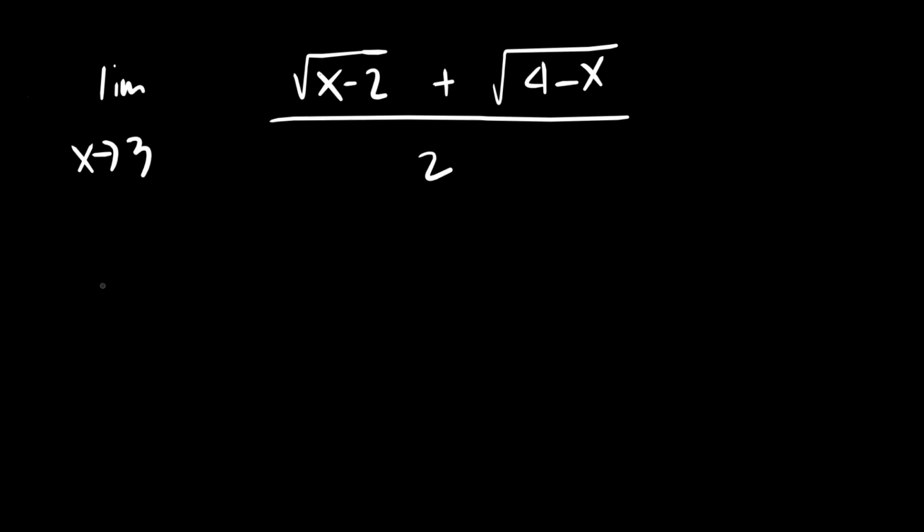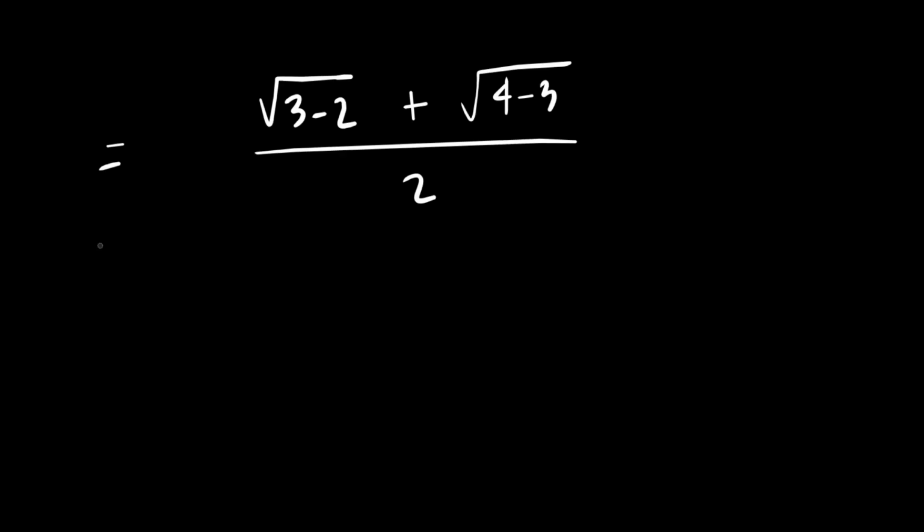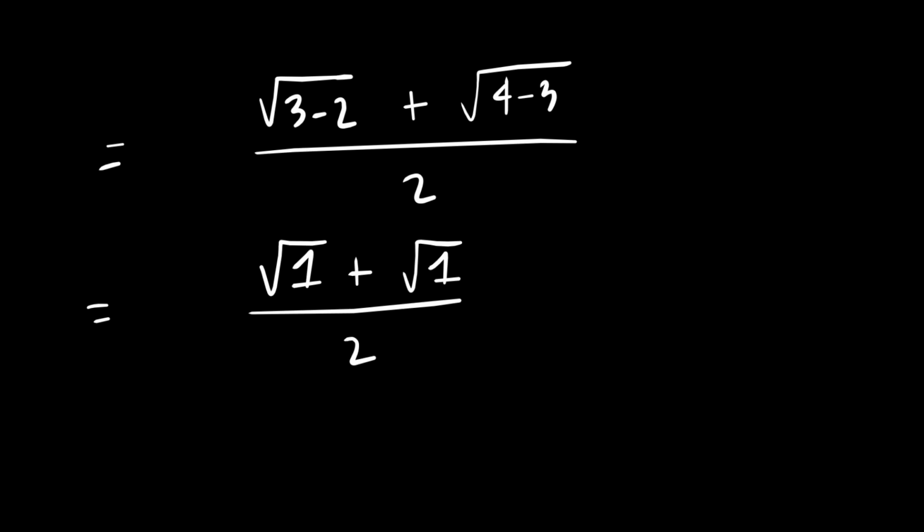So we'll now do direct substitution of the value 3. Square root of 3 minus 2 plus square root of 4 minus 3 all over 2. So further simplification: 3 minus 2 is just equal to 1, so square root of 1, plus square root of 4 minus 3, which is just equal to square root of 1, all over 2.